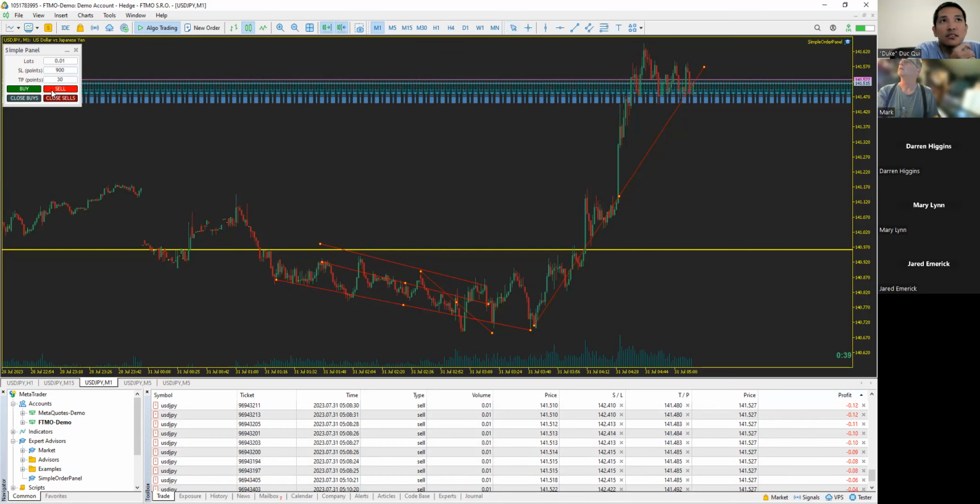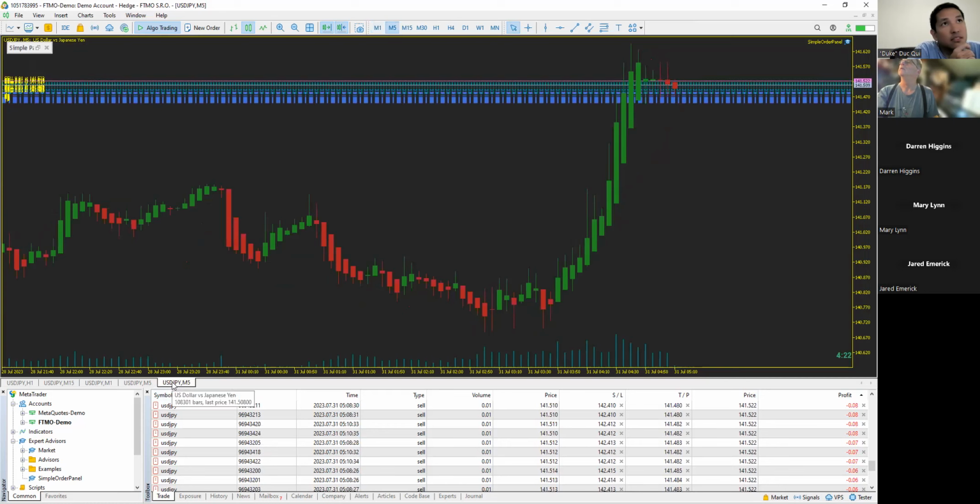I'm going to sell into it because it's staying below the 50%. The longer it stays below, the more likely it will drop. You see it's like 3 bars right now. It's right down.